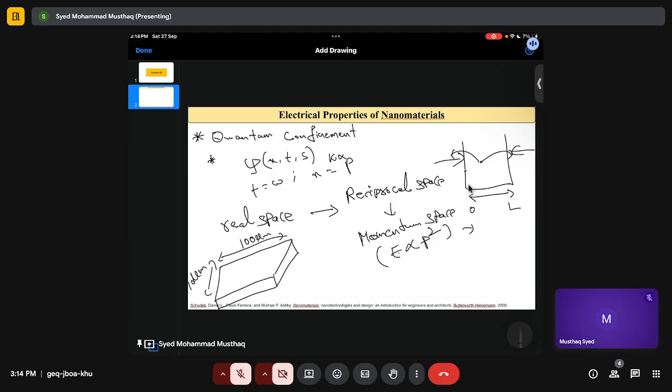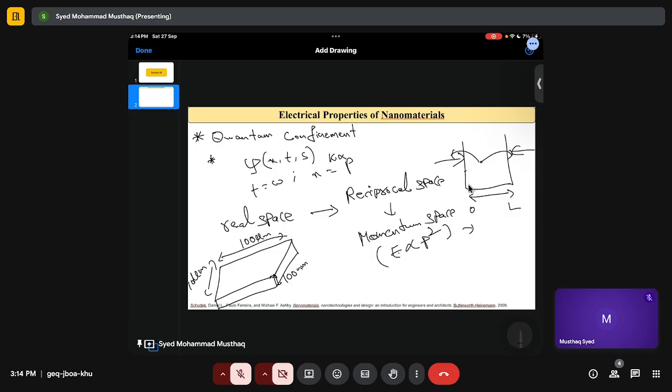Let's say this is my 10 micrometer, and my thickness is 100 nanometers. So let's say my thickness is 100 nanometers, or I should say 0.1 micrometer, right?